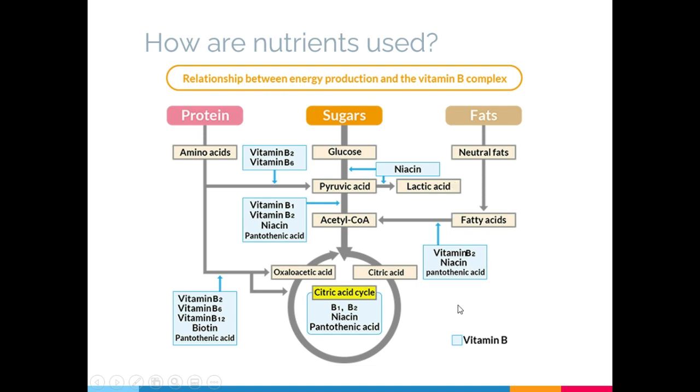Okay, like for example, vitamin B2, niacin, and pantothenic acid are actually utilized in this part in the conversion of fatty acids to acetyl-CoA. We also have the conversion of amino acids to pyruvate acid, ang kinahanglan nga B vitamins kay riboflavin and pyridoxine. Okay? Sa diri nga part, need ang B2, B6, B12, biotin, and pantothenic acid.